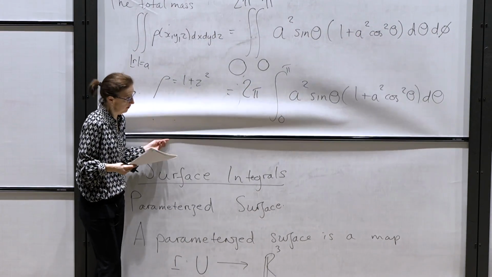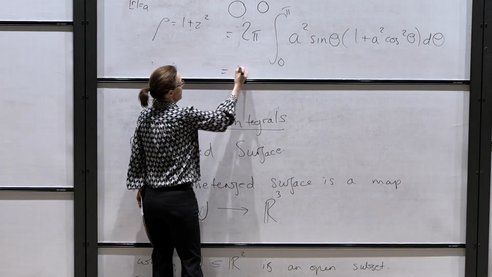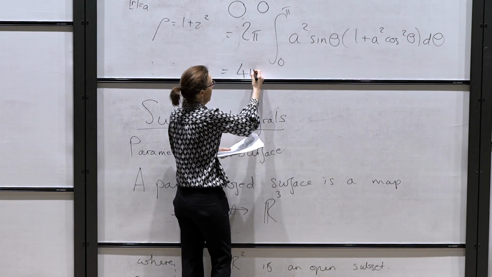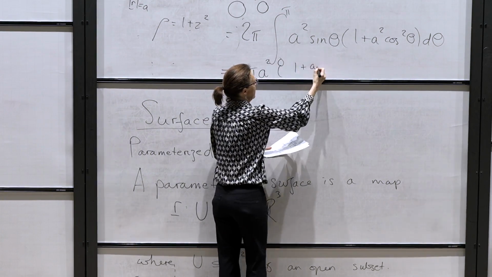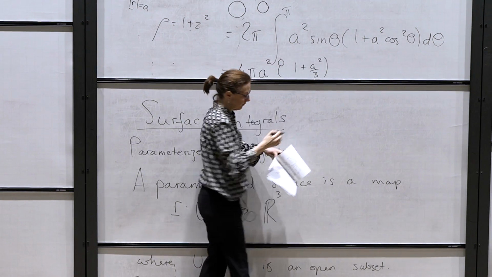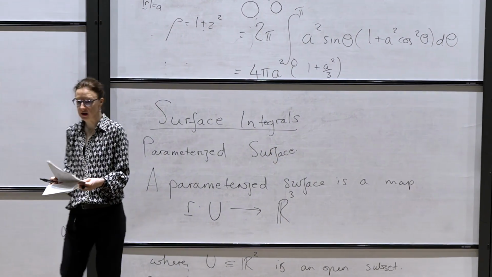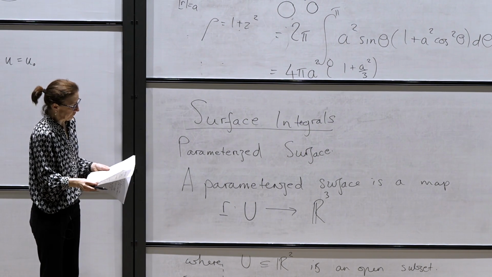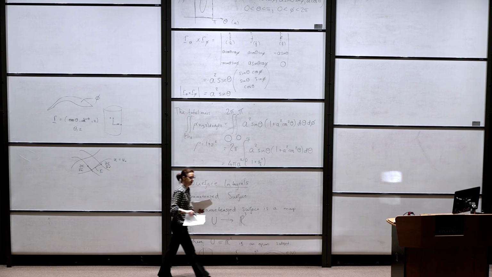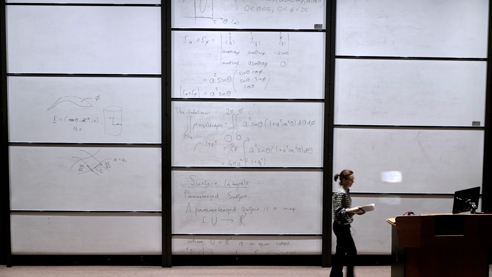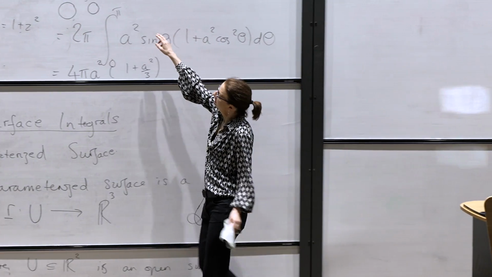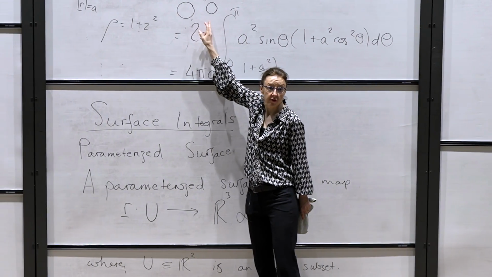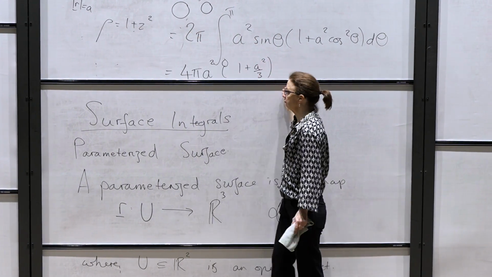And if you were to compute that, then you end up with the answer 4 pi a squared times (1 plus a squared over 3). And you can check that. Okay, so we used the parameterization of the surface, which in this case was in terms of theta and phi, to obtain an integral that's straightforward to do, with constant limits on the domain.